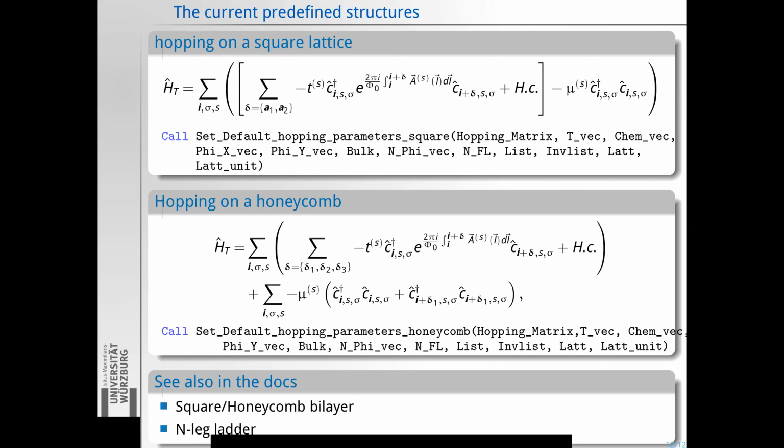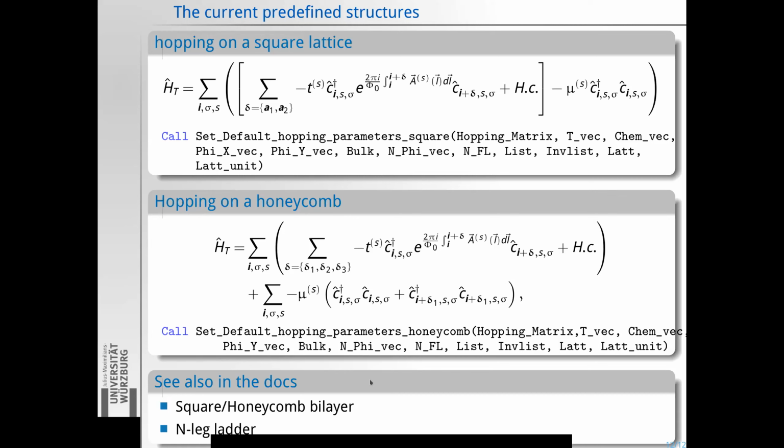Another possibility that a lot of people are probably interested in is hopping on a honeycomb lattice. This is given by a similar expression. And you can look out for the function called set default hopping parameters honeycomb, and it will give you a hopping matrix type with the required information for getting the hopping matrix of a honeycomb lattice.